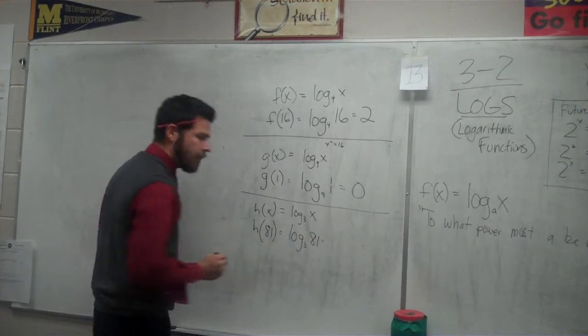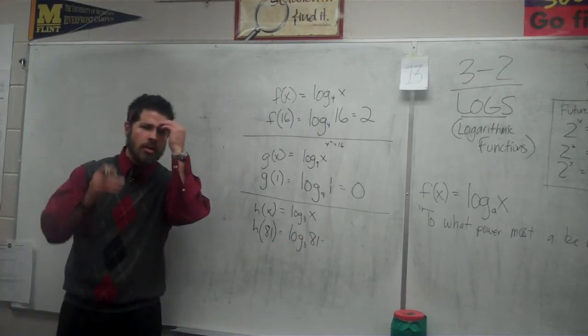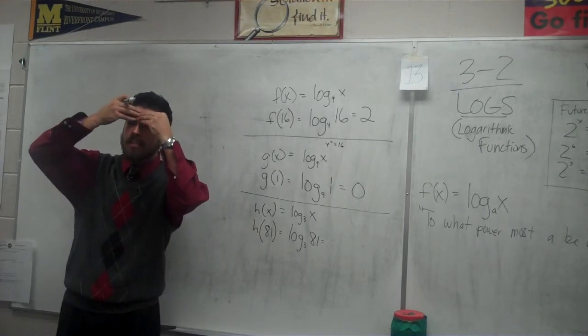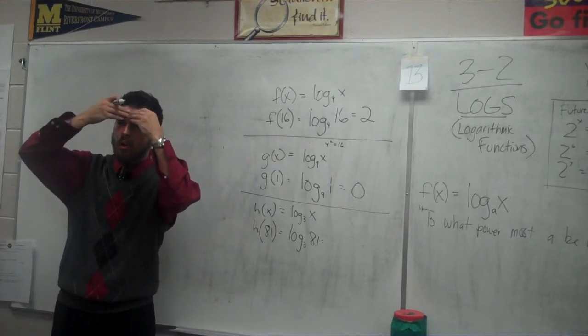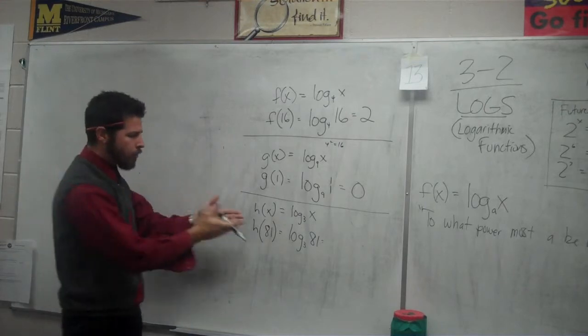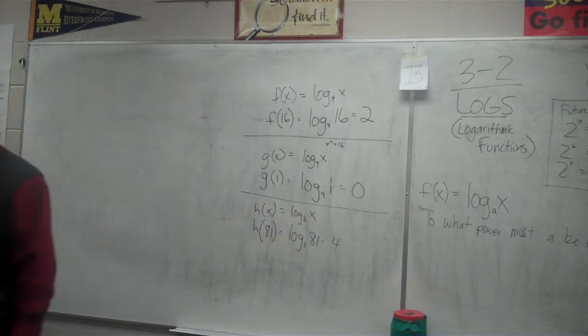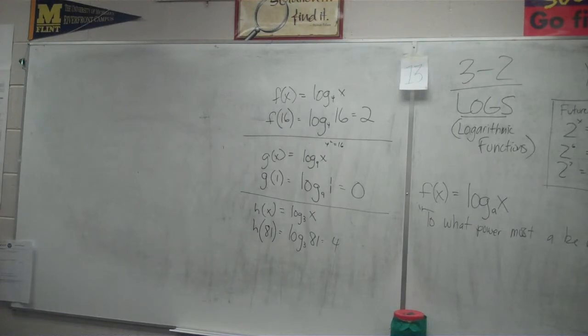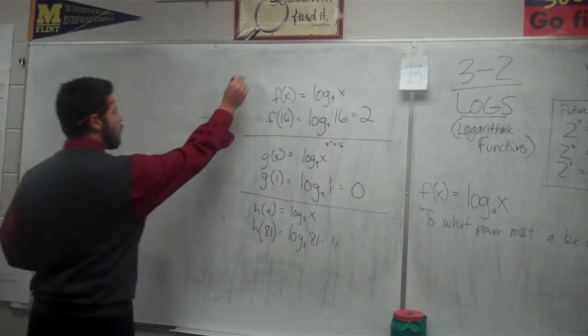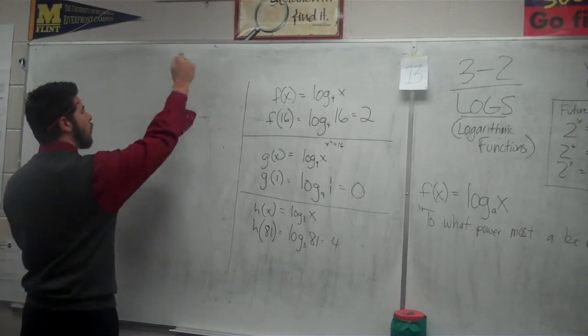I just take the number and plug it in. Let's think. To what power must the base be raised in order to obtain 81? Well, 3 to the what power is 81? 4. Because 3 times 3 times 3 times 3 is 9 times 3 times 3, or 27 times 3, or 81. Fair enough?